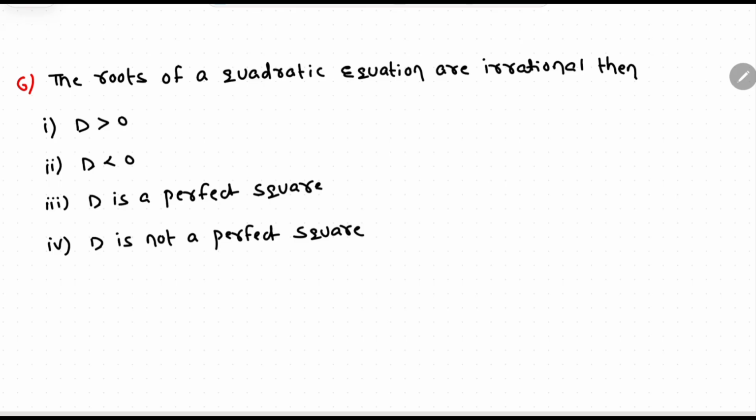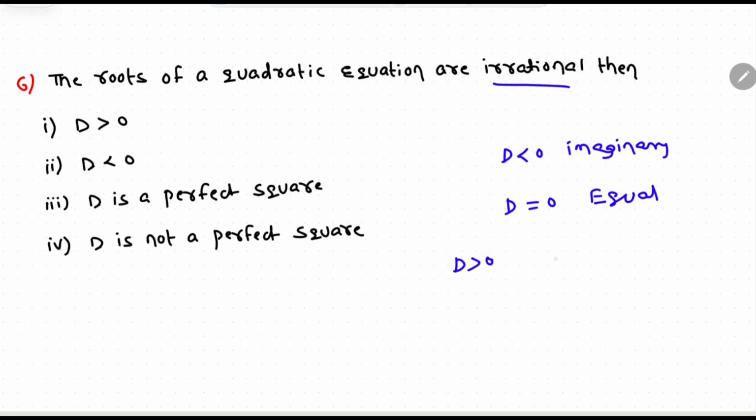Now, in the given problem, the roots of a quadratic equation are irrational. Then we have the conditions. D less than 0: the roots are imaginary. Whenever D equals 0, roots are real and equal. Whenever D greater than 0, we have two conditions.